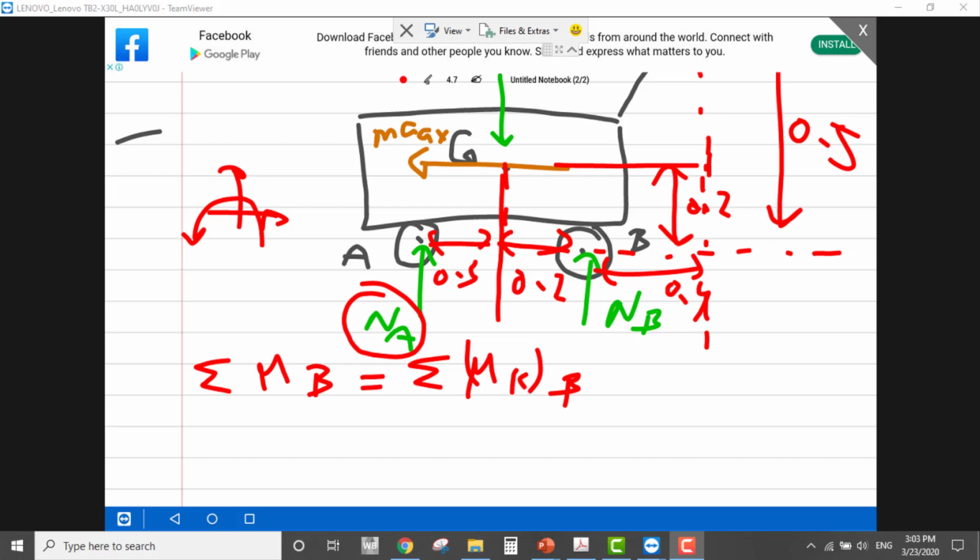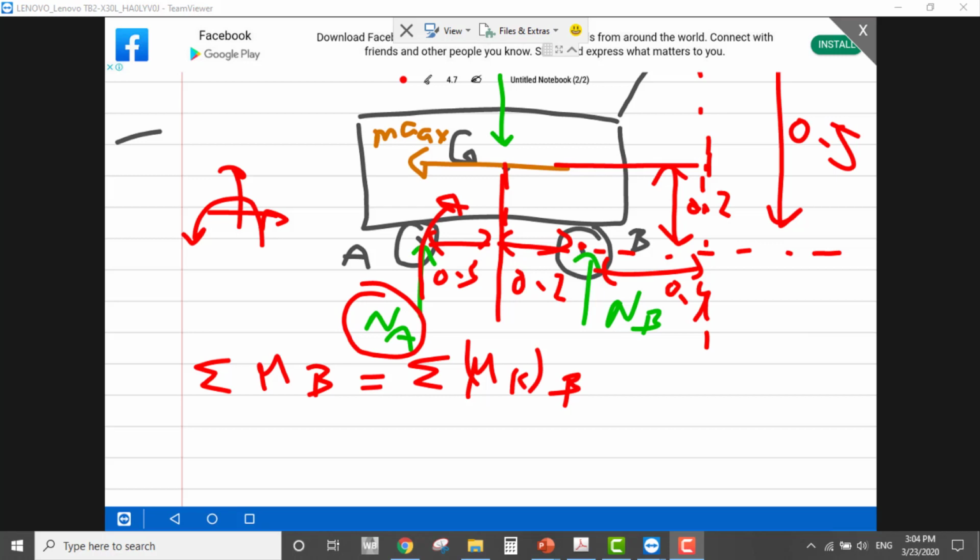You will find that the thumb will be directed inside the screen. That means this moment is negative or clockwise. This is point B, and this force will do clockwise moment.